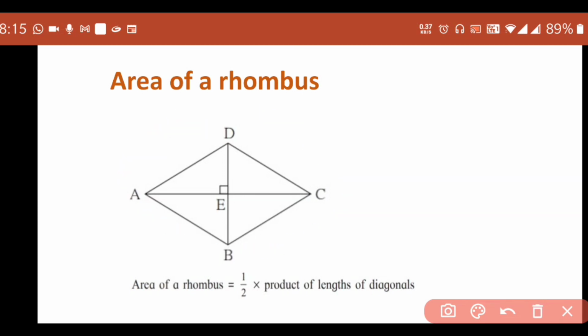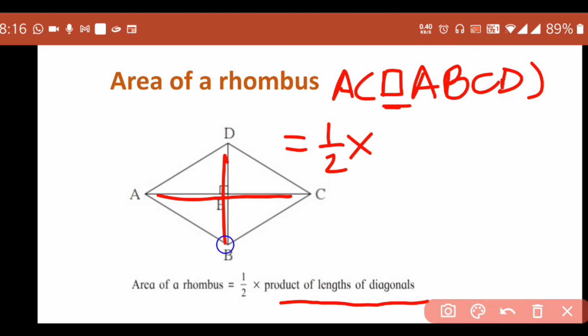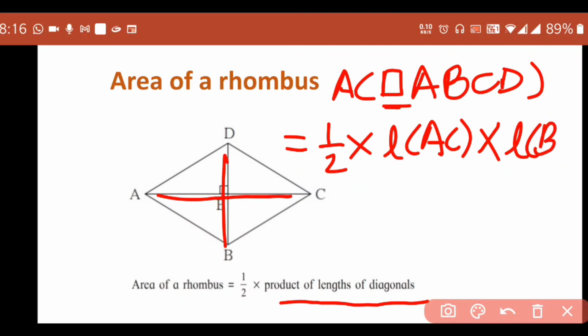It can be written as area of rhombus ABCD. For rhombus also we have to put the symbol of quadrilateral. So, area of rhombus ABCD is equal to 1 upon 2 multiplied by the product of lengths of diagonals. The diagonals are AC and BD, that means length AC multiplied by length BD. In this way, we can apply the formula to any type of rhombus.